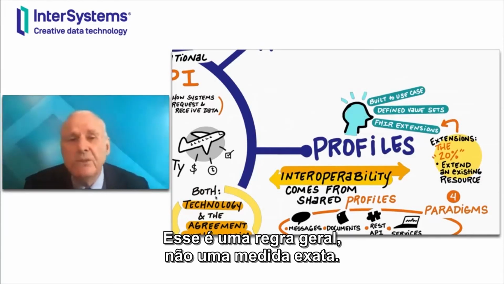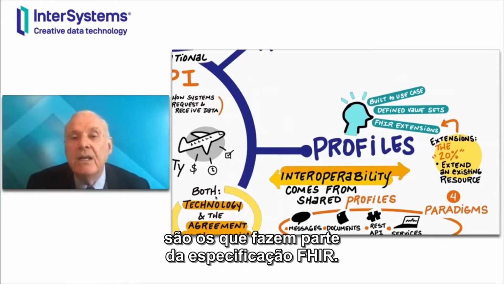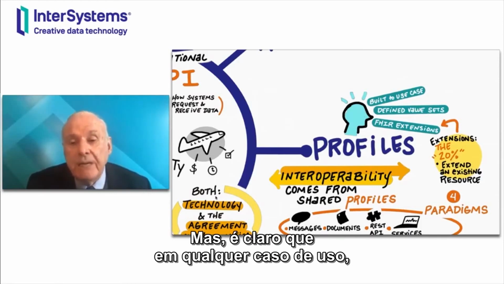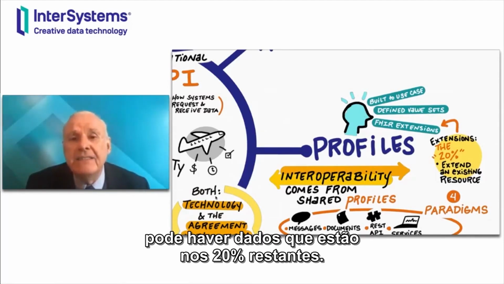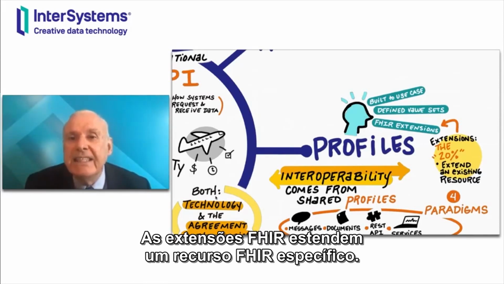It's a rule of thumb, so it's not an exact measure, but data that is in most systems is what's part of the FHIR specification. But obviously, in any use case, you might have data that's in the other 20%, and that is what is represented by FHIR extensions. And FHIR extensions extend a particular FHIR resource.